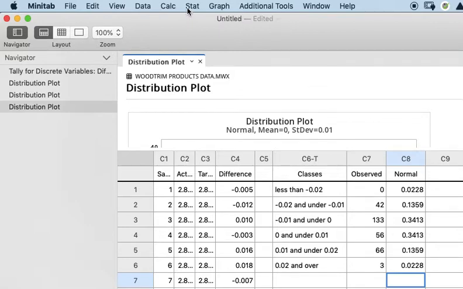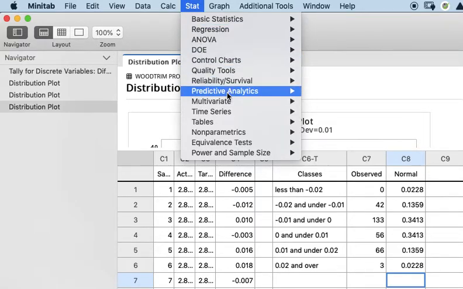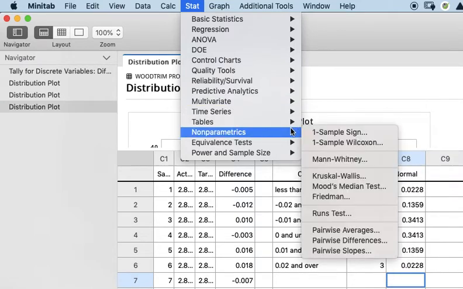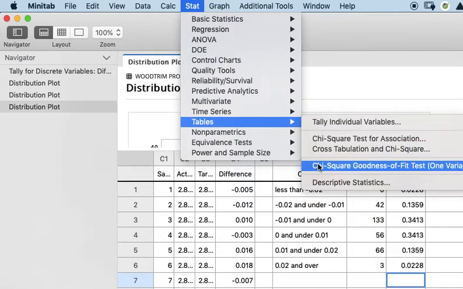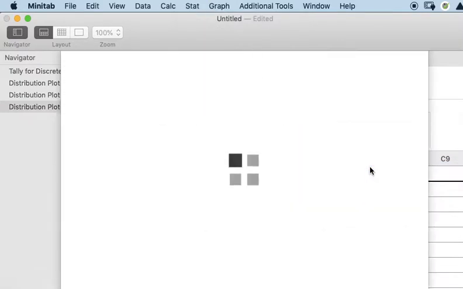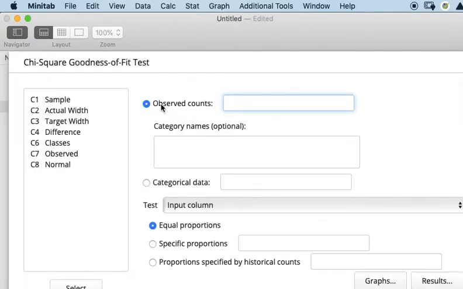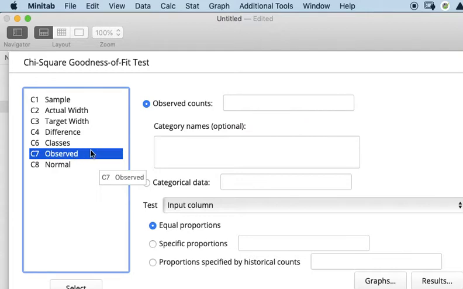So what I'm going to do now is go to Stat and Tables, and I'm going to go to the chi-square goodness of fit test one variable and click on that. Now in the observed counts box, I'm going to put the observed column where I tallied how many were in each range in the data set.